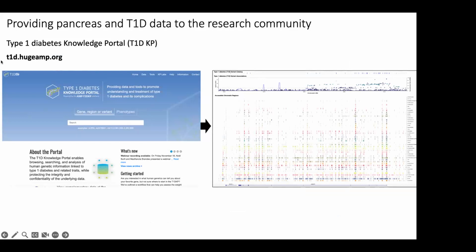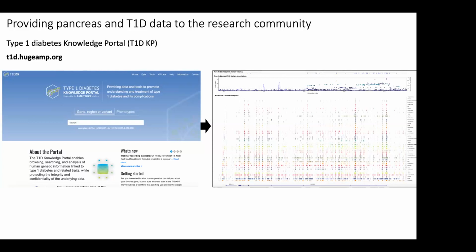So these portals, the type 1 diabetes knowledge portal in particular, is a resource that lets you search for any region of the genome or any variant or any gene of interest, and shows you genetic data for those genes or regions of interest. You can ask questions, for example, does modulation of this gene increase or decrease risk? Is there evidence that variants associated with this gene are in regulatory elements active in certain cell types and so forth? This may help people gain mechanistic insight into how their favorite gene of interest is potentially operating.